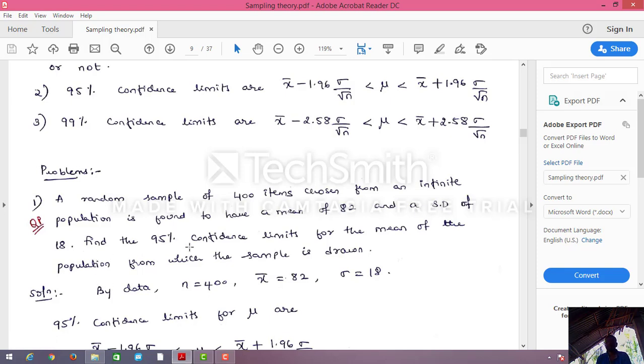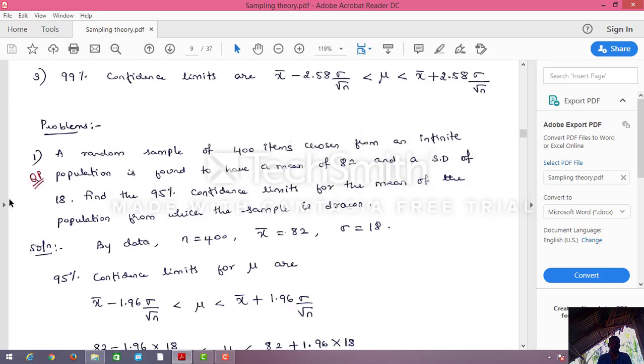Find the 95% confidence limits for the mean of the population from which the sample is drawn.